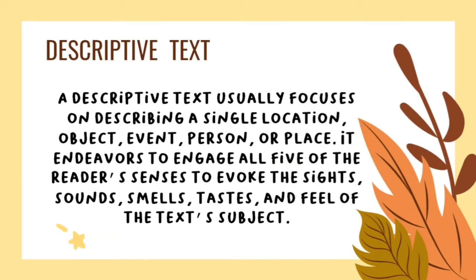A descriptive text usually focuses on describing a single location, object, event, person, animal, or place. It endeavors to engage all five of a reader's senses to evoke the sights, sounds, smells, tastes, and feels of the text's subject.